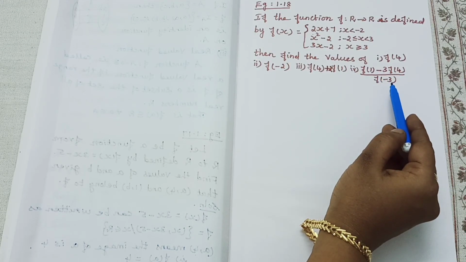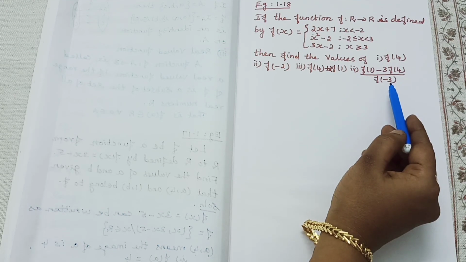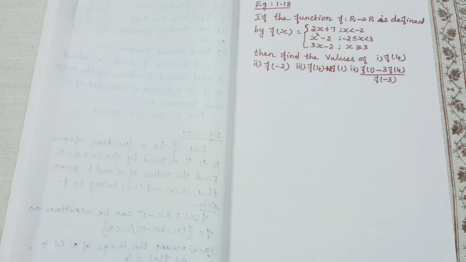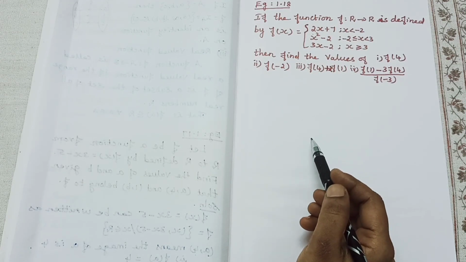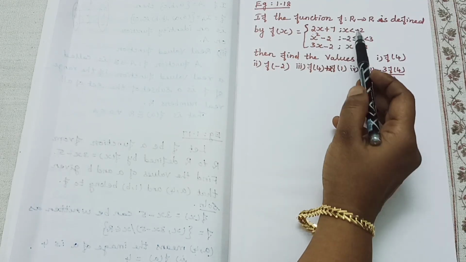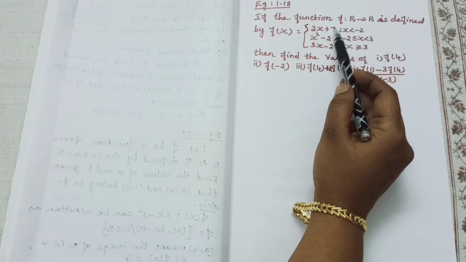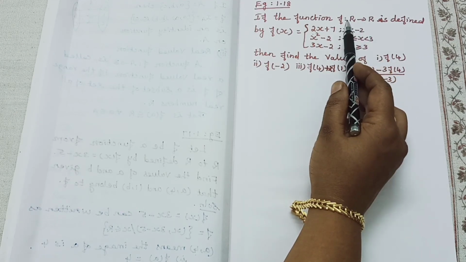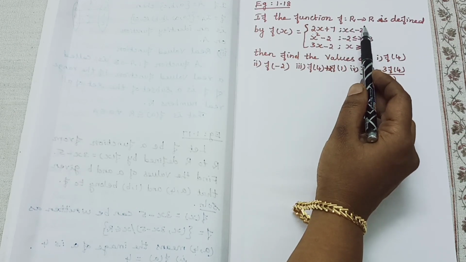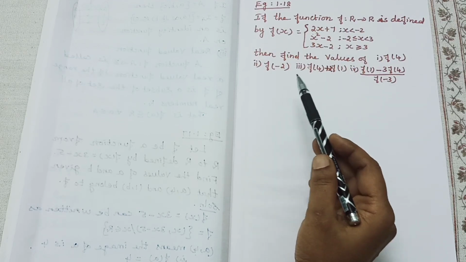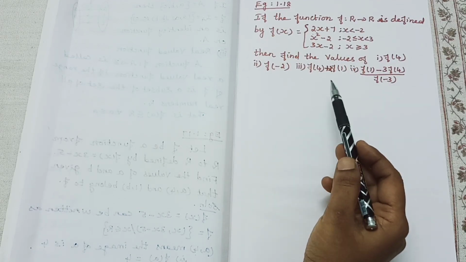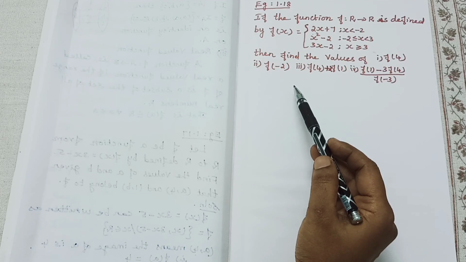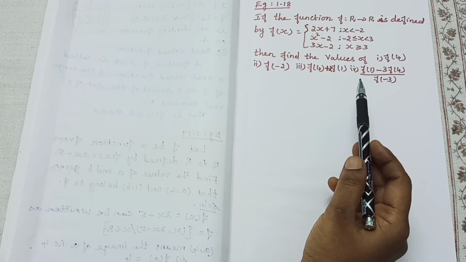So here R to R, it is defined by f of x is equal to 2x plus 7. This is the first interval, this is the second interval, this is the third interval. Have you understood? This question is very very important. f of x has 3 intervals given, isn't it?